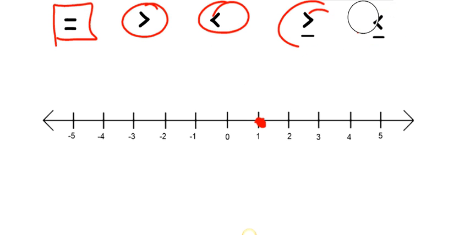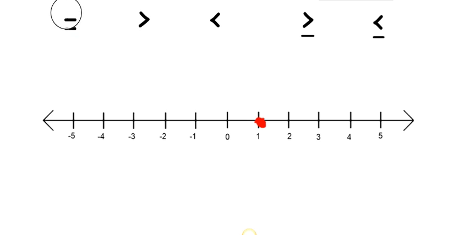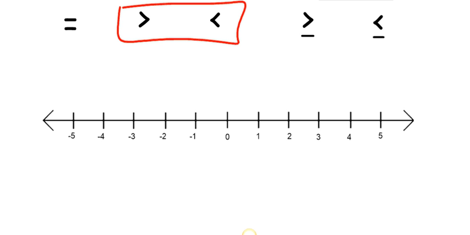Now, depending on the symbol that you have depends on what kind of dot you actually put in your spot. So, for example, if I have one of these symbols where it's just less than, so if I would say x is less than 1, I'm going to put a dot at 1.